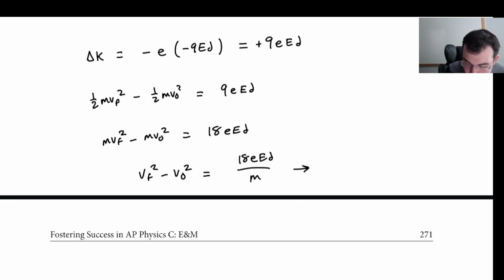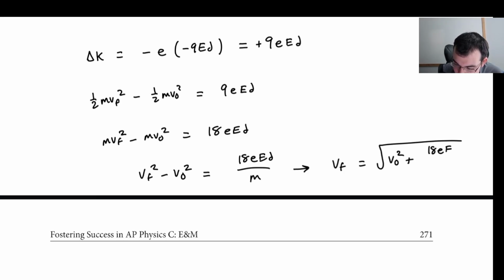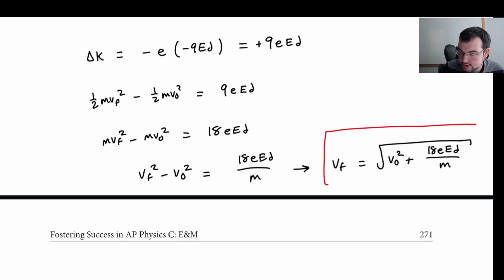So then we just add v0 squared to both sides, take a square root, and we get vf is just the square root of v0 squared plus 18 EED over m. And that's our answer. Notice it is definitely a larger speed than v0, as expected.